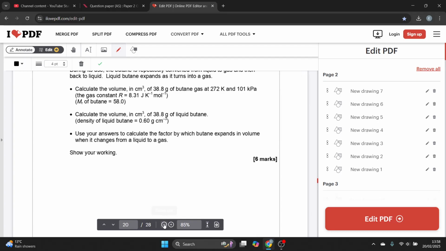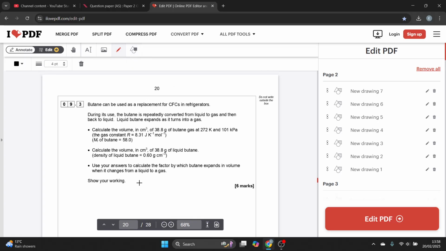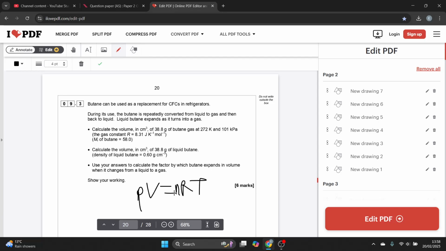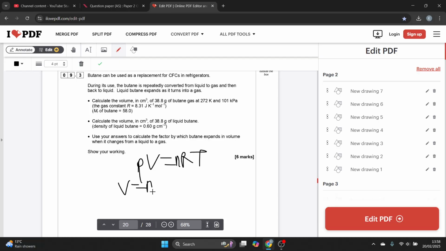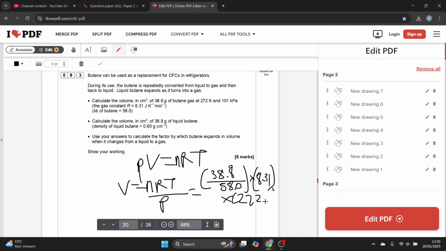Okay, so I'm obviously going to use PV equals nRT. I'm trying to find volume, so V equals nRT divided by P. The number of moles of butane gas is 38.8 divided by 58.0, times 8.31, times 272 Kelvin, divided by 101 kilopascals, but I need pressure in pascals.